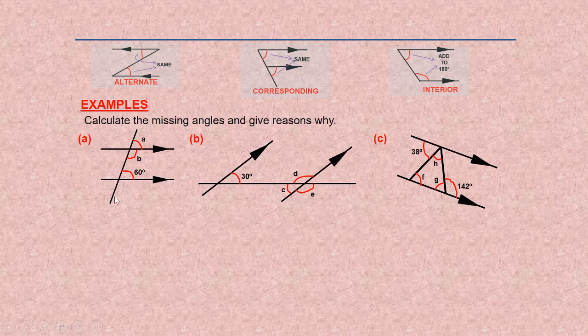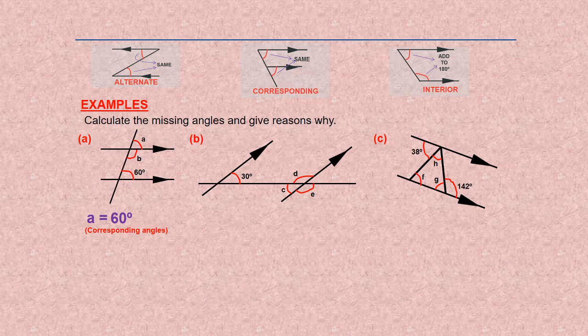So to work out A, and I've only got the 60, the way to link the 60 and the A together would be to use this F shape that goes like this, which is here. So A is also 60 because corresponding angles are equal.